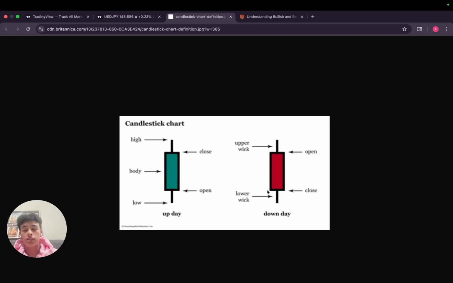And with a bullish candlestick, it may fluctuate, it may go down to 110, may go up to 130. However, let's say it goes up to 130, goes all the way down to 110, and it closes at 125. So this 120 would be where it started.